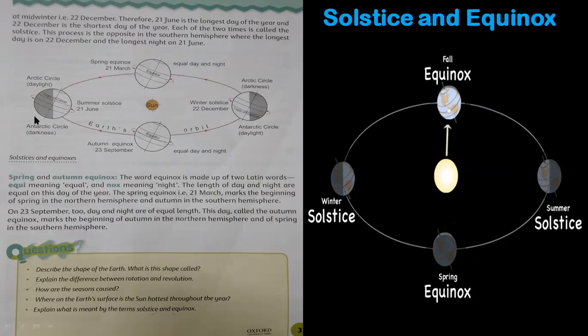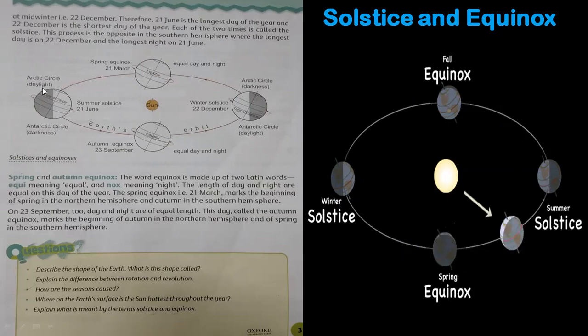This one, Arctic Circle, northern hemisphere, and that one from the winter solstice we have on the earth, Arctic Circle. Darkness prevails over here, and this one daylight, Antarctic Circle. Over here, Arctic Circle, we have more faces. The sun has more faces towards the earth, that is called daylight, and down Antarctic Circle we have darkness.